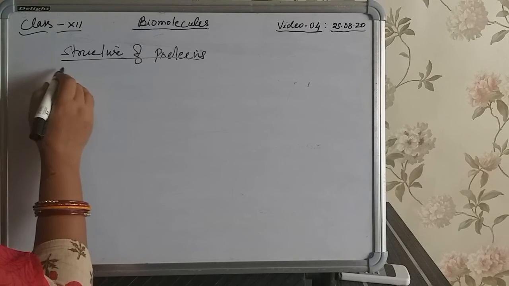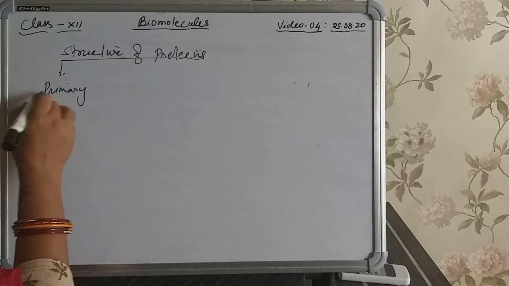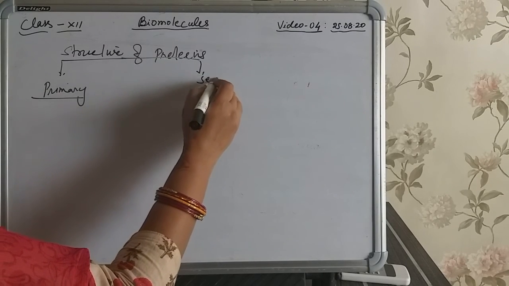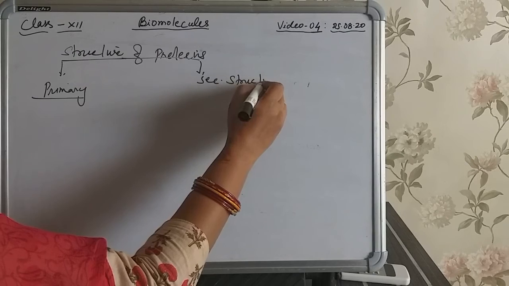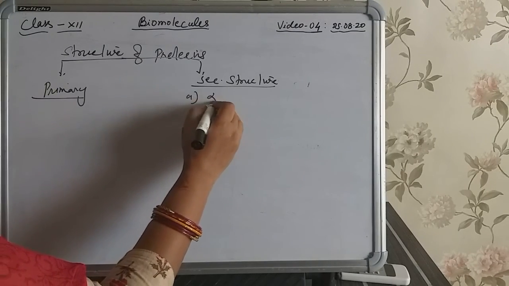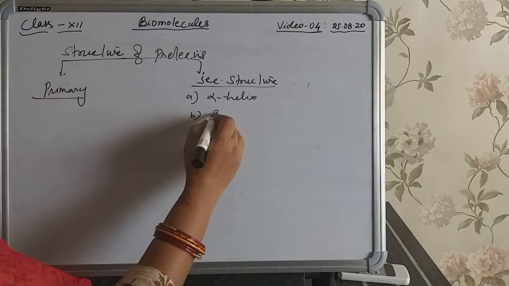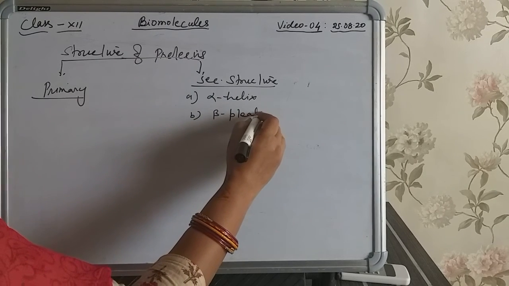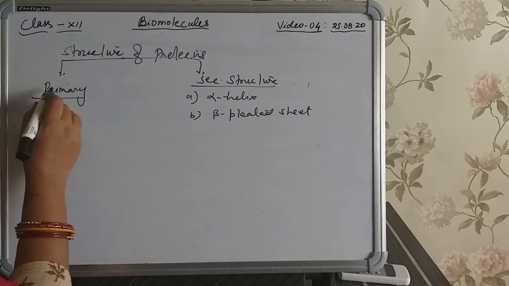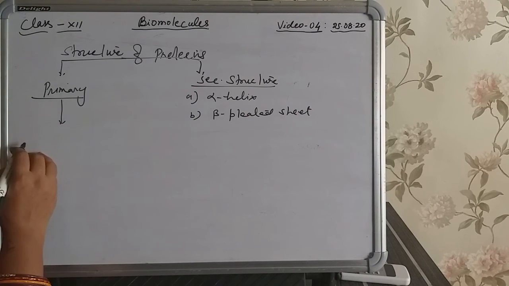First it is primary structure, and secondary structure. Secondary structure is further divided into two parts: alpha helix structure and beta pleated sheet structure. At first we talk about the primary structure.